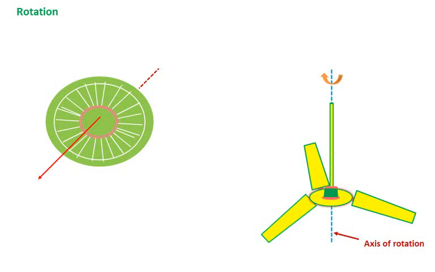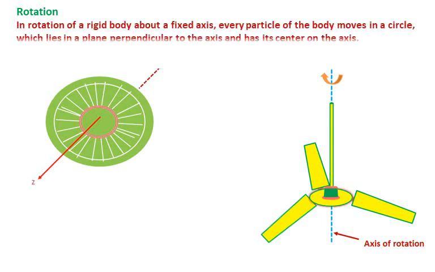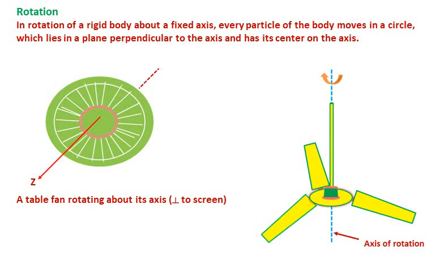The next type of motion is rotational motion. In rotation of a rigid body about a fixed axis, every particle of the body moves in a circle which lies in a plane perpendicular to the axis and has its center on the axis.